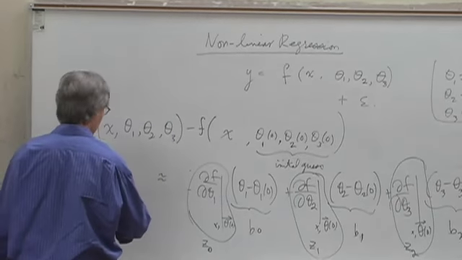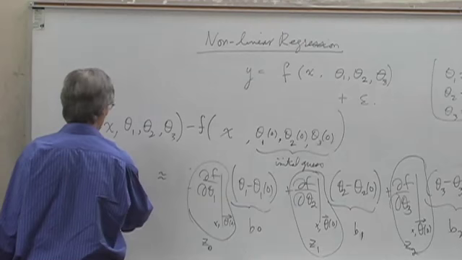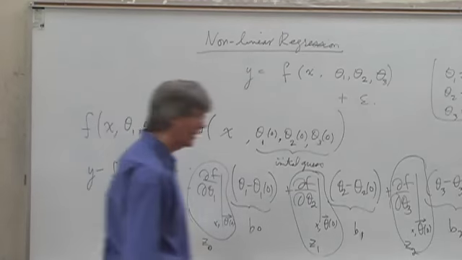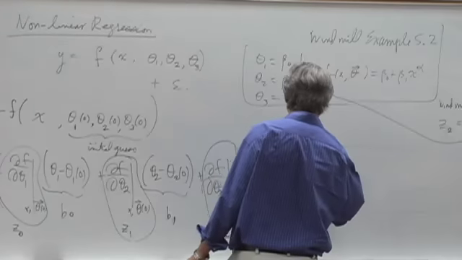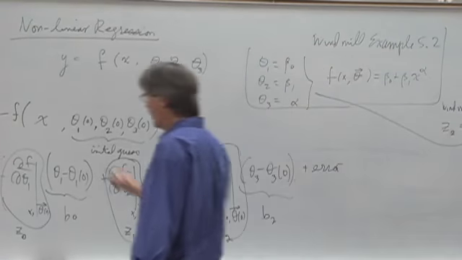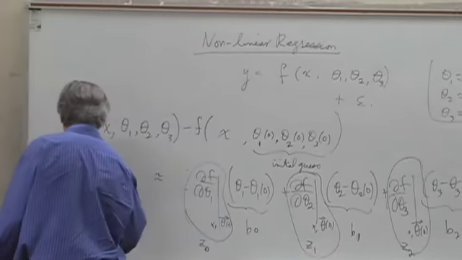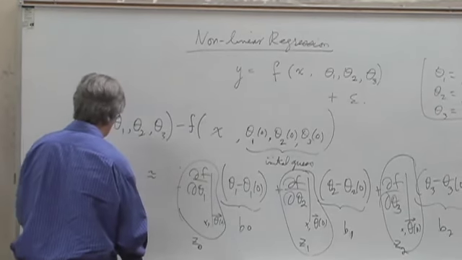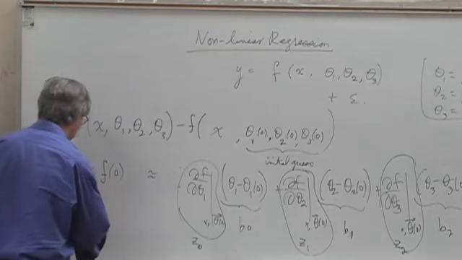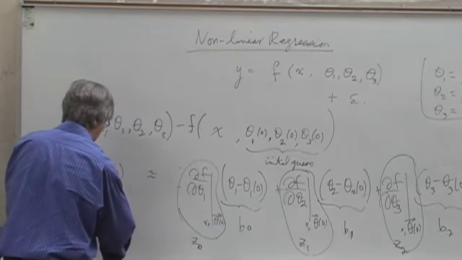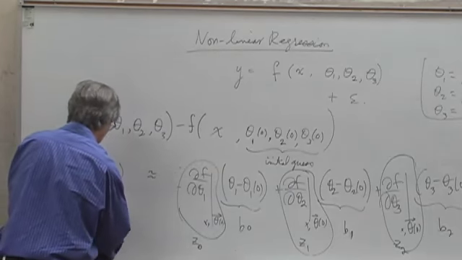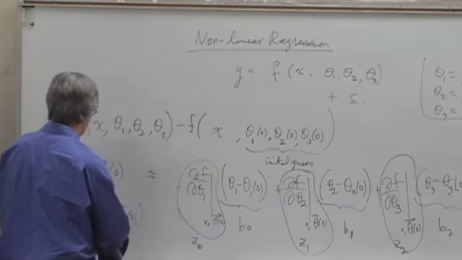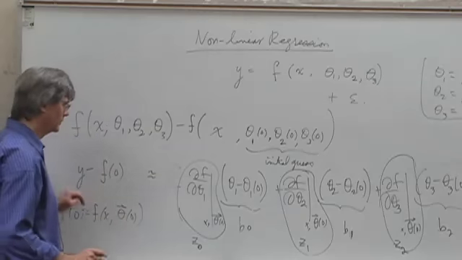So I have that y minus f0 is approximately this, plus error, where f0 is equal to this, the regression function evaluated at the initial guess. Then, of course, you're going to update it. Where f0 is this.